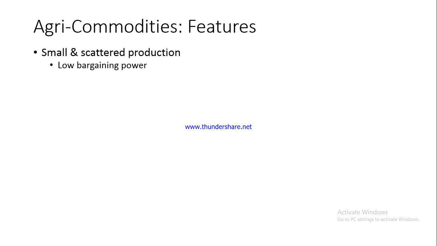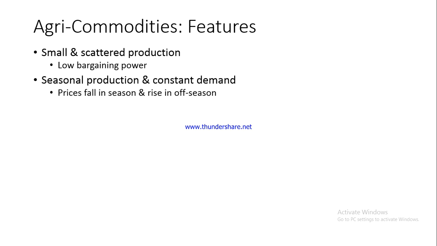So this means that the farmer who is trying to sell his agri commodities does not have much bargaining power, because the customer to whom he is trying to sell his product, the intermediary, the bicholia, may switch to some other farmer if he is not happy with the price that this particular farmer is offering to him. So in that sense, the farmers would have a low bargaining power.